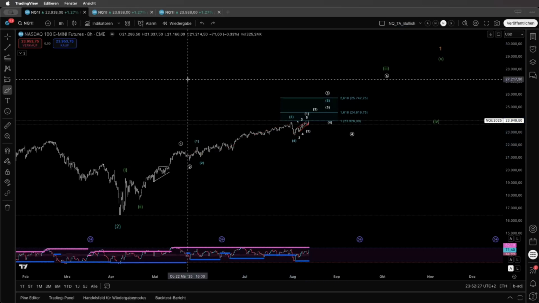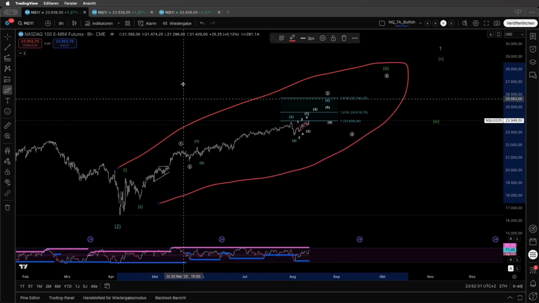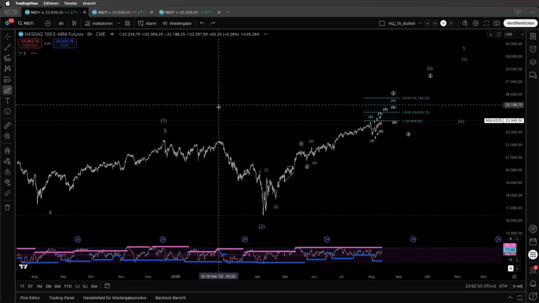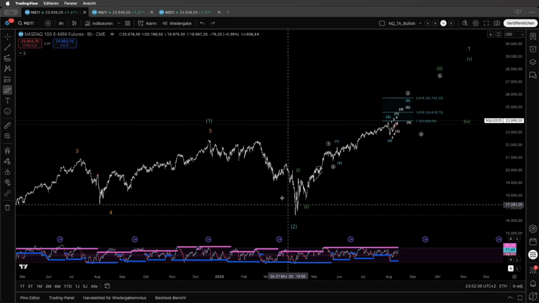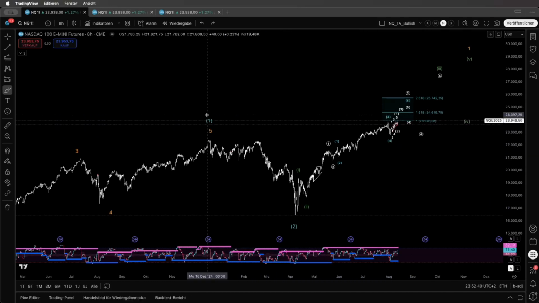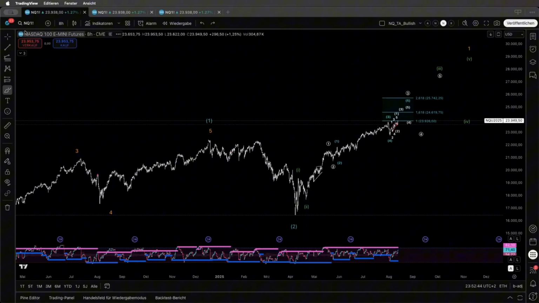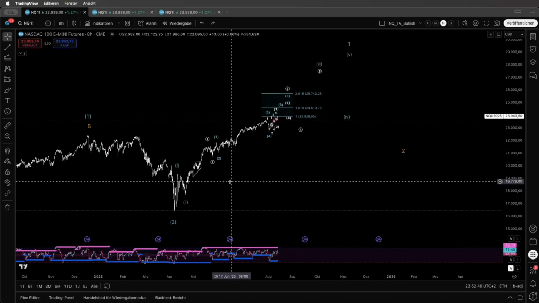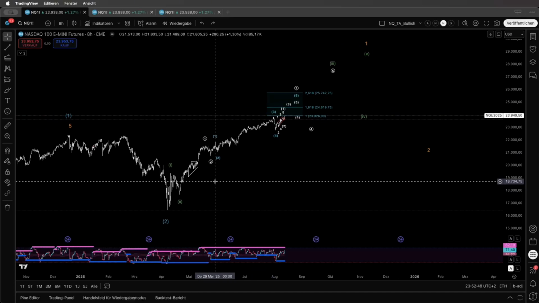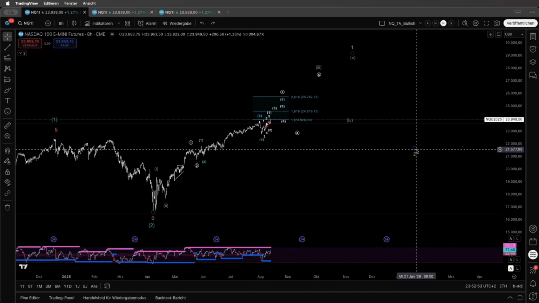Because you have to understand that taking this into degree is very difficult right now, because I have several options here, but on the bigger scale, we are very, very far from a top, and there is much more upside coming, in my view, in this scenario.